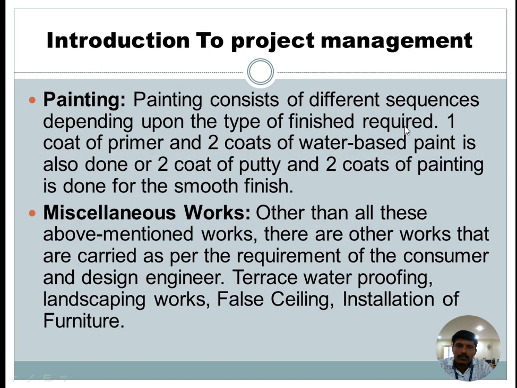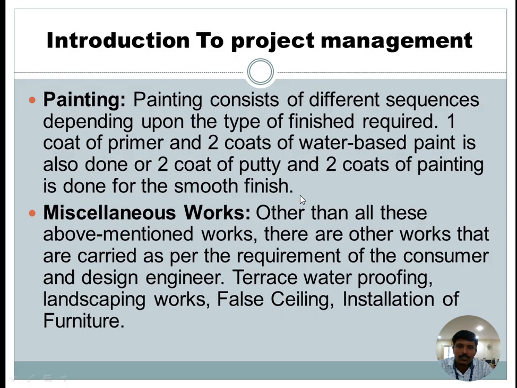In this painting work, first two coats of primer are applied to the wall, then two coats of water based paint. Or, after two coats of putty, two coats of painting are done for a smooth finish of the walls.